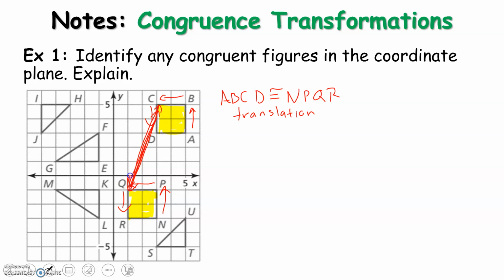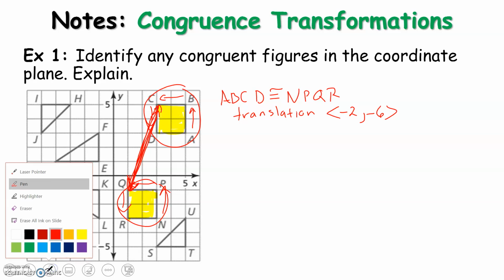Let's go in the direction that we've written our statement. So we're going to say translation, our vector will be left 2, down 1, 2, 3, 4, 5, 6. So our rigid motion is our translation that takes us from our first quadrilateral to our second.